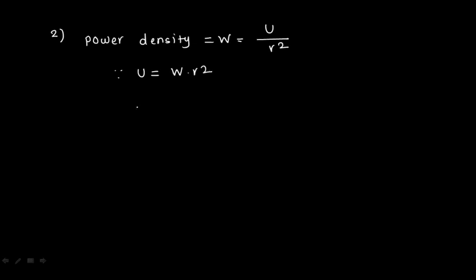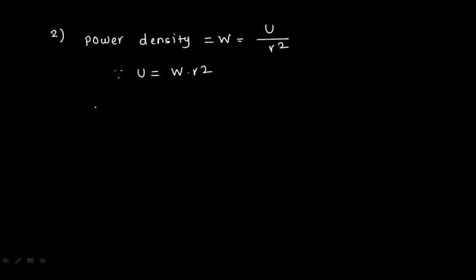If I recall the second formula, for power density, denoted by W, it can be calculated as U by r square. Otherwise, U is equal to W into r square. So you can calculate the power density.